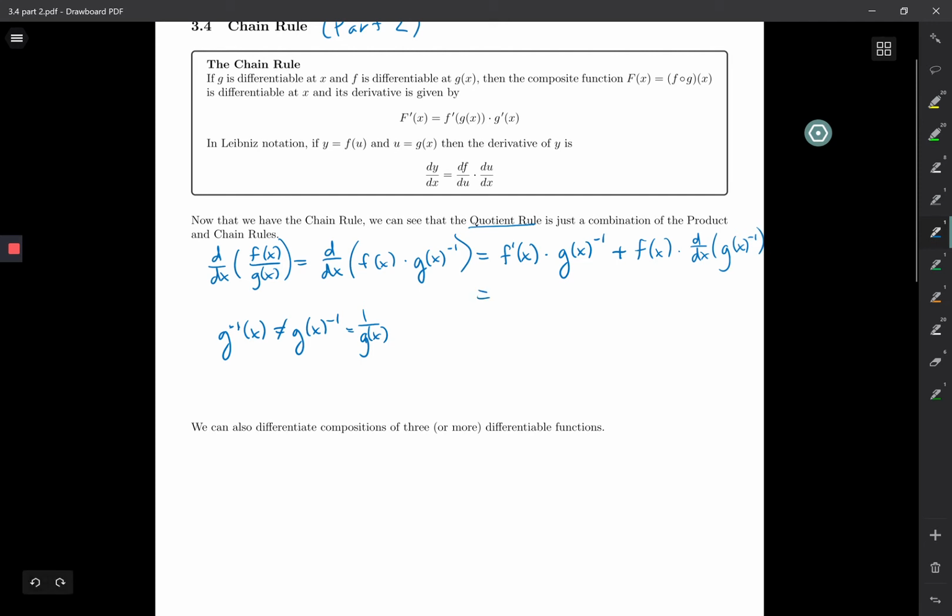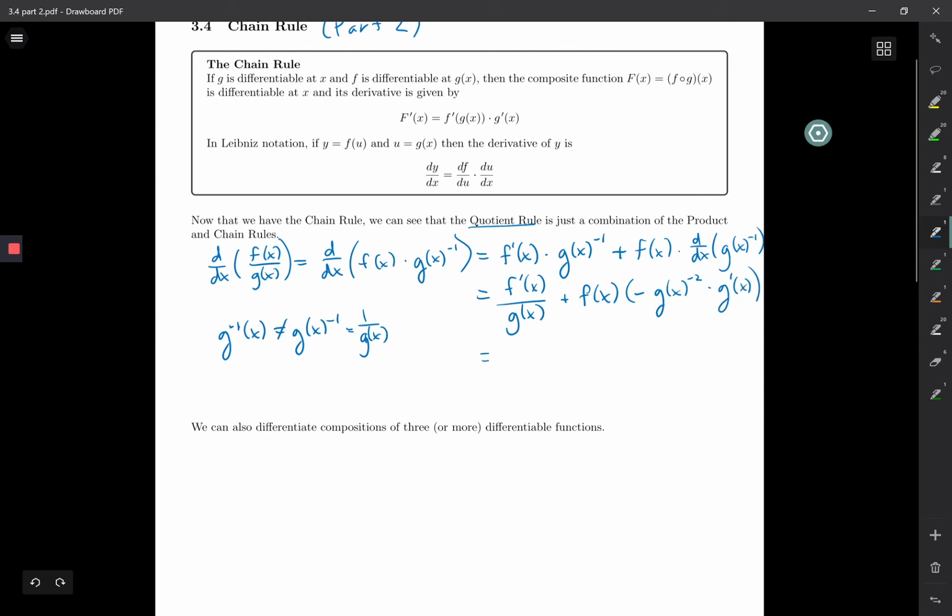In the first part I can turn this back into a fraction by pulling the g to the bottom again, rewriting this as f prime of x over g of x. In the second part, I'm going to actually compute this derivative. First we use the power rule, so that would be negative g of x to the minus 2, and then we multiply that by the derivative of the inside function, which is g prime of x.